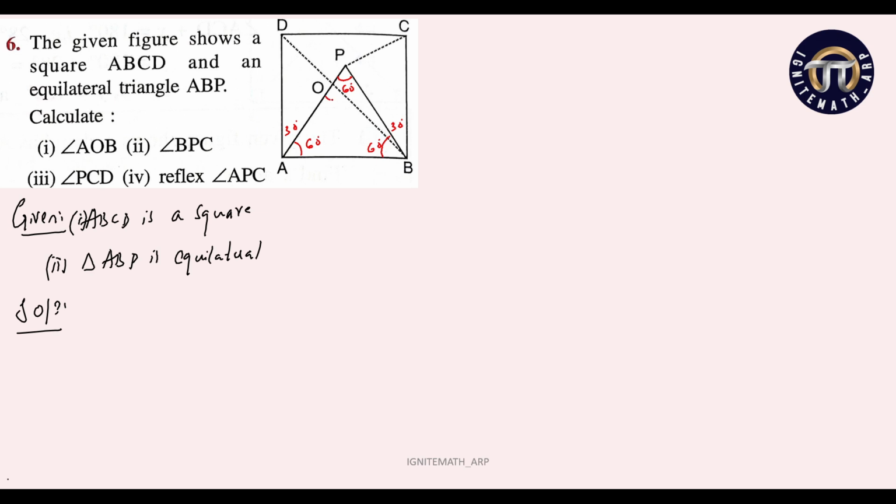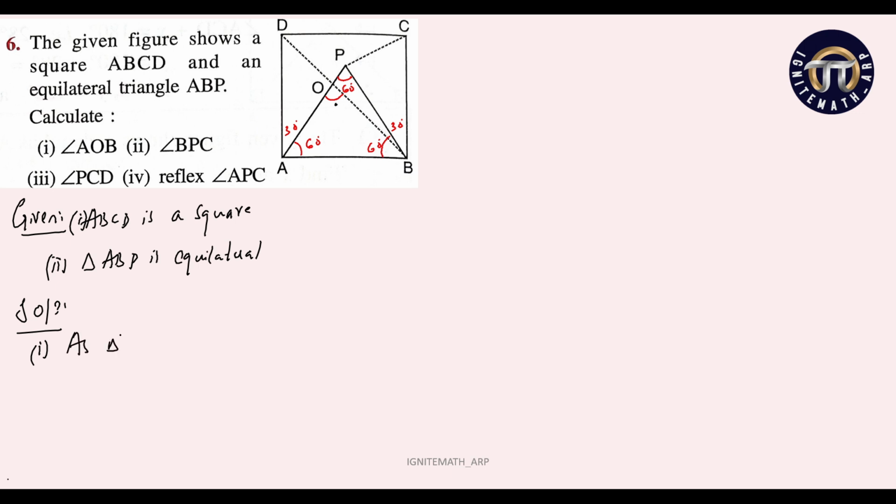Okay, so now you are asked to find out AOB. This angle is how much? That is the question. Clear? So now let me take that one first. What can I write over here? AOB.